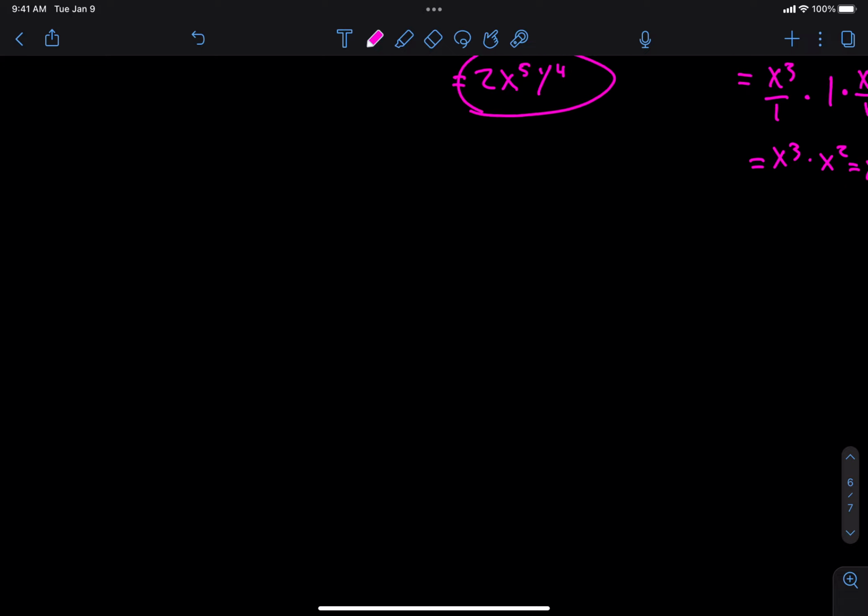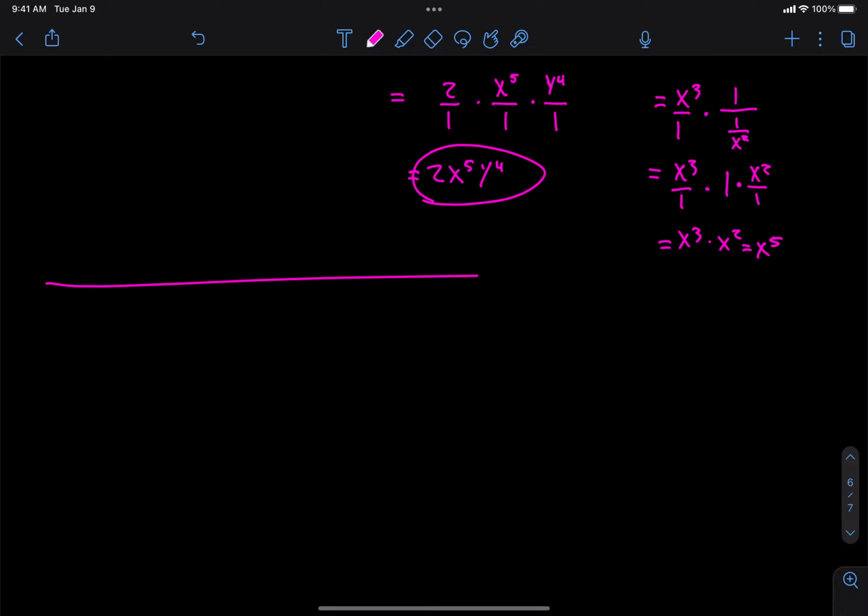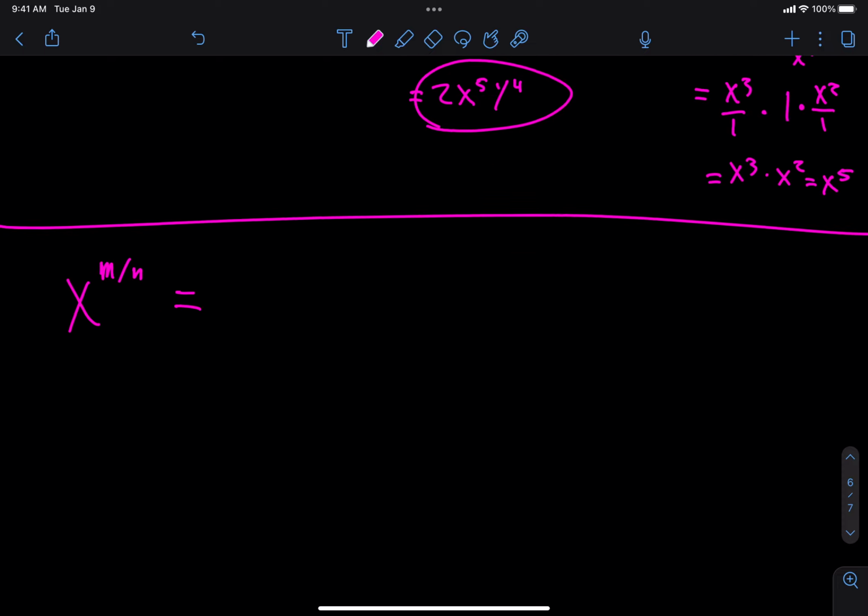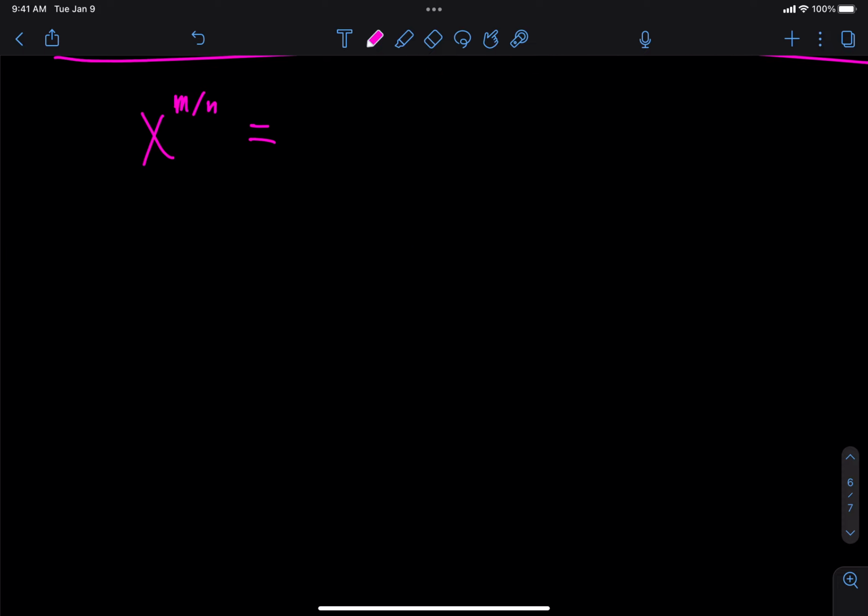All right, now let's see one more rule here, which is fractional exponents. What does it mean if I write x to the m over n? The square root. There's going to be a root involved, but it might not necessarily be a square root, right?